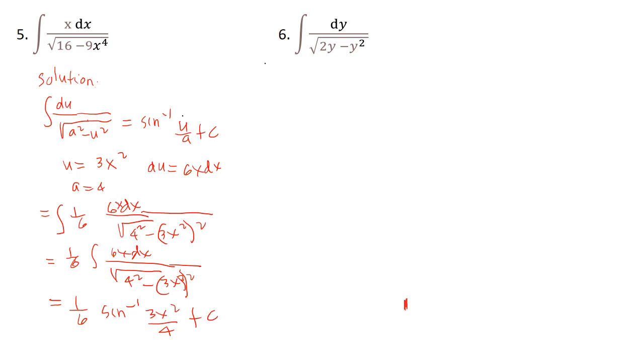Alright, this one, integral of dy over square root of 2y minus y squared. So what you do here is you have to rearrange such that you can use the formula. First, rewrite this one under the square root as 2y minus y squared minus 1 plus 1.